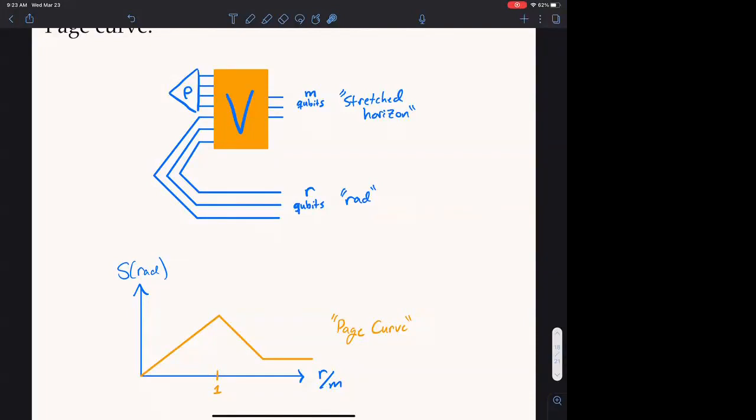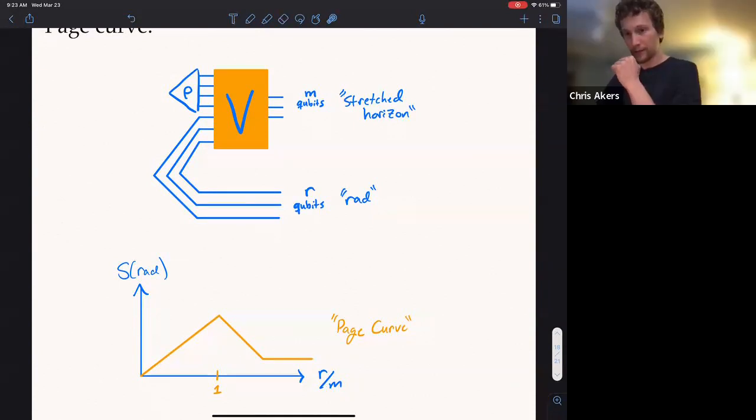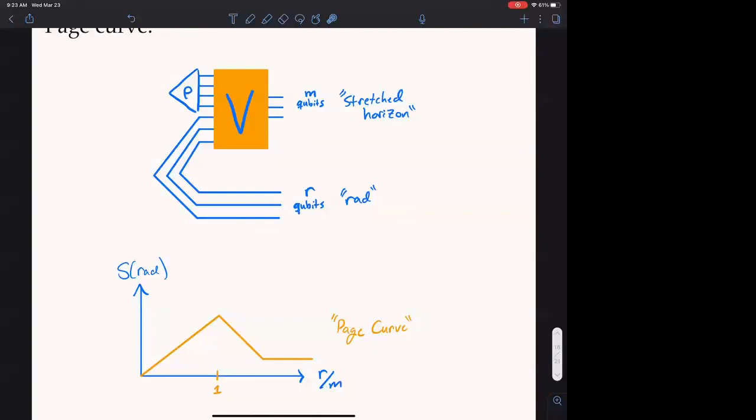In the Hawking process, the radiated quanta are completely unrelated to the state of the black hole. That's the essence of the Hawking paradox, because the radiated qubits carry no information out of the black hole at any time, before or after the Page time.